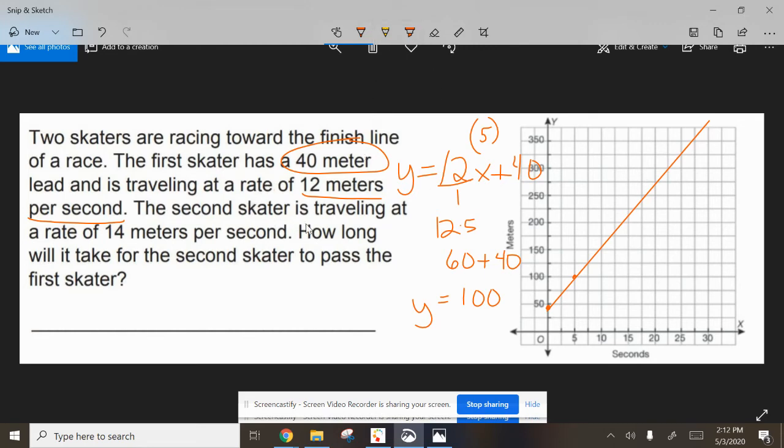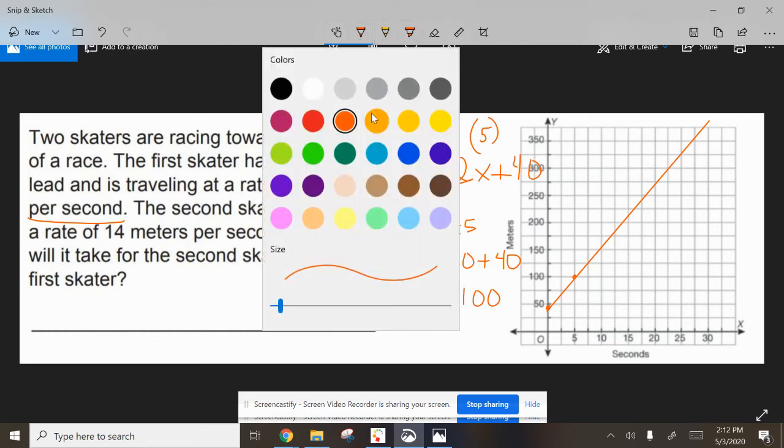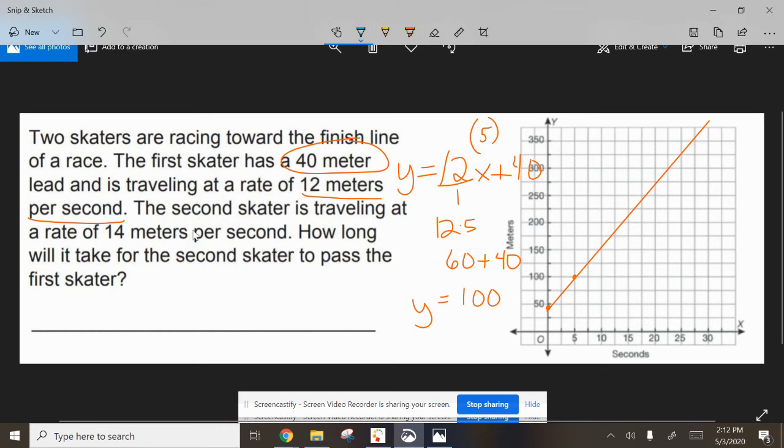Okay. Now the second skater is traveling at a rate, I'm going to do a different color, of 14 meters per second. And it doesn't tell me about any lead. So if that's the case, we're going to start right here, right? There's no lead. So we're just going to talk about starting at 0. And then it's going up 14.